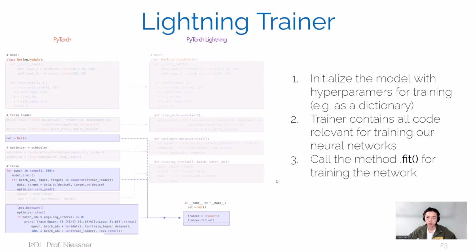So here you just select the model, and the trainer already contains all the code relevant to training our neural network. Then what you need to do is just call fit for training the neural network.